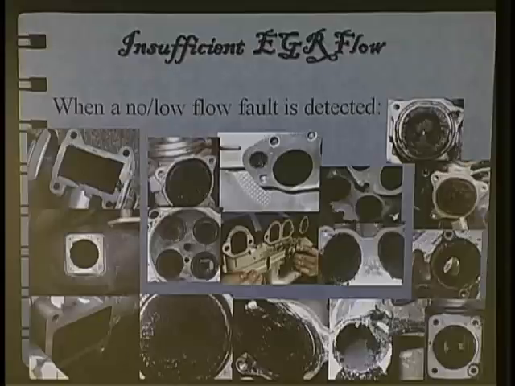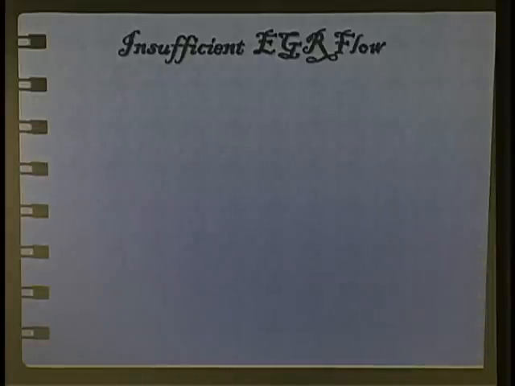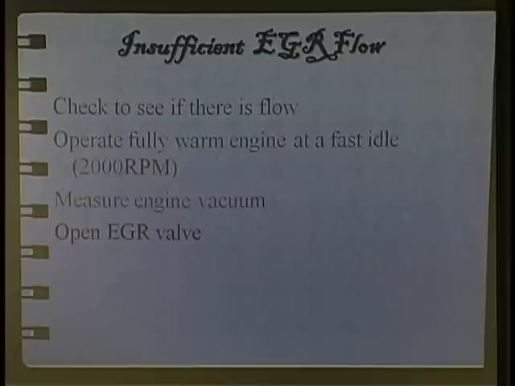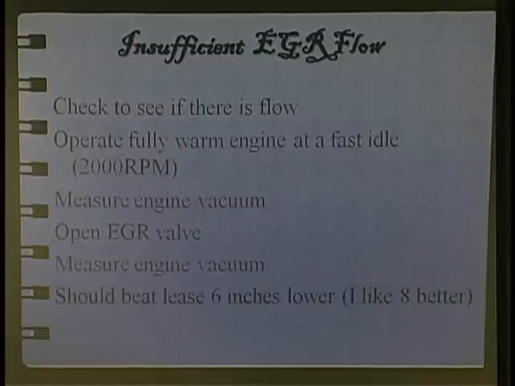There's your sponges. But the truth is, you've got no flow, low flow, or excessive flow. If you're going to look at insufficient EGR flow, check to see if there's flow. Here's the real technical way you do it. You operate a fully warm engine at 2,000 RPM, measure engine vacuum, open the EGR mechanically, however you're going to open it, and then measure engine vacuum, and the spec says it should be lower by 6 inches.